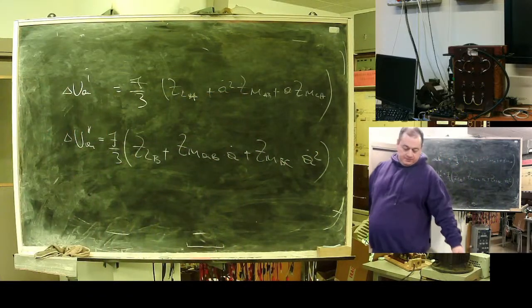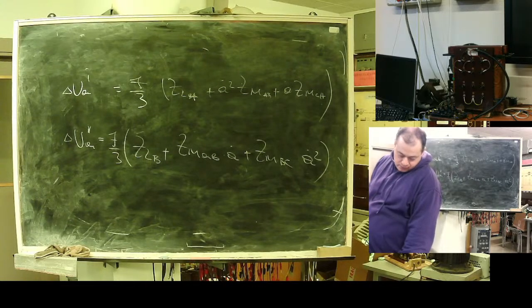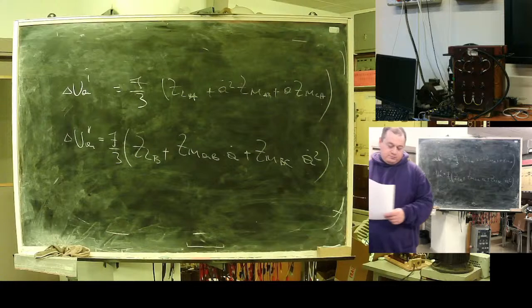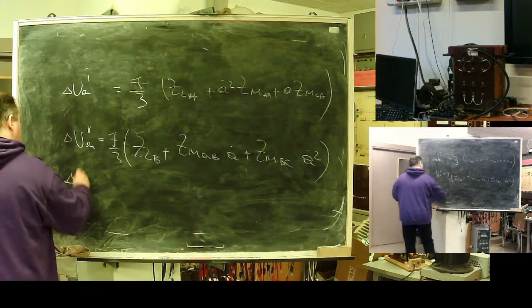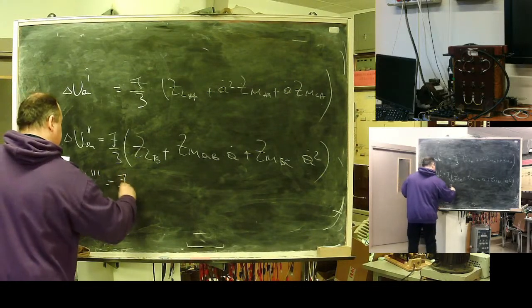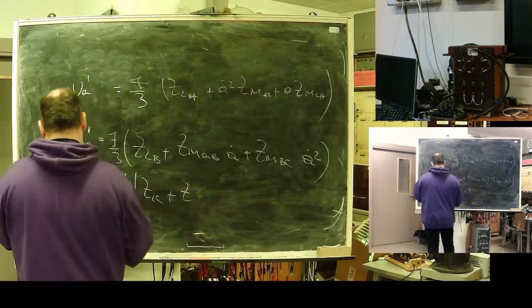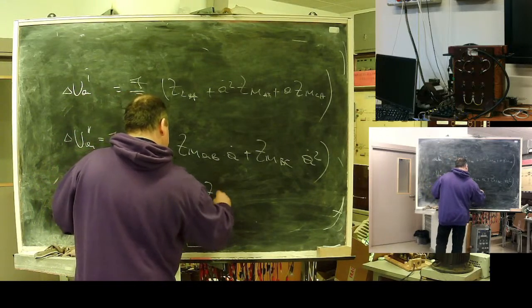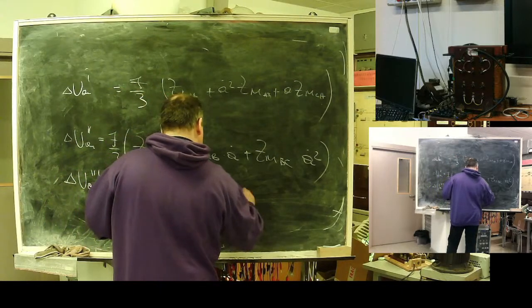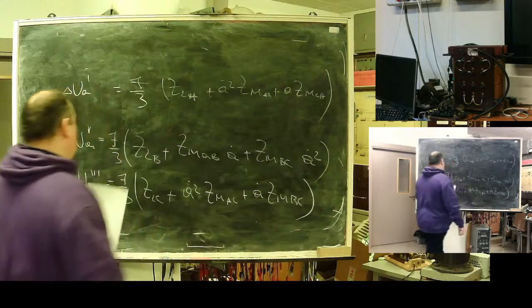And for the third stage, I will have A ZLC plus A squared mutual AC plus A mutual BC. Yeah, that's what I get.